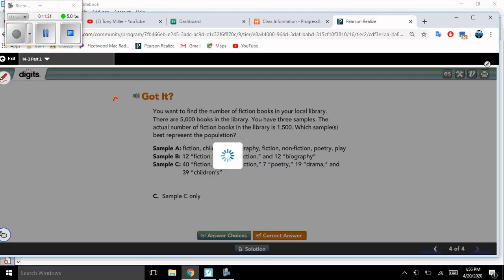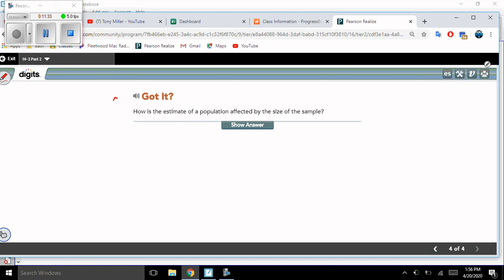And on slide number 4, what do we got going on here? How is the estimated population affected by the size of the sample? Well, again, if the size of your sample is small, then you're just giving yourself more opportunity to be not precise, or there's not really enough information to have a strong estimation.